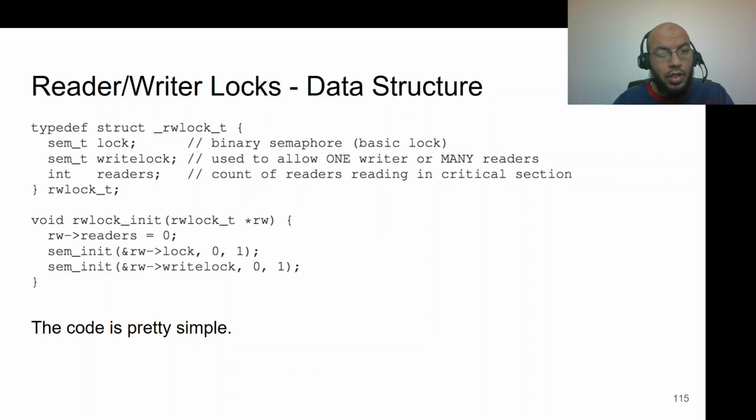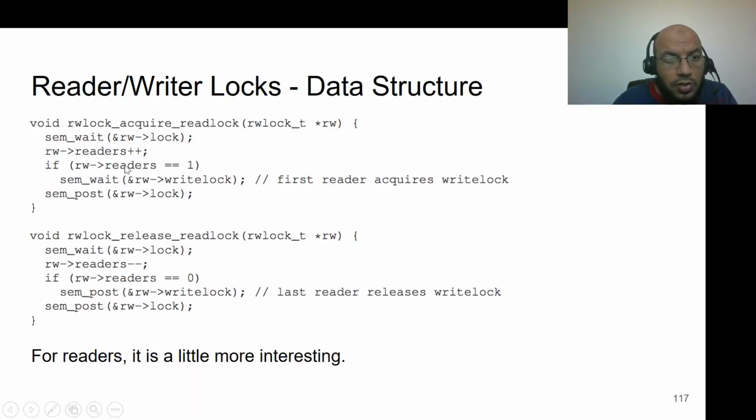Here in this code, the third line, in readers, you want to acquire a lock that does not allow anyone to change the number of readers until you are done with incrementing the number of readers. So you add a reader. If the number of readers is equal to 1, if there is at least one reader.